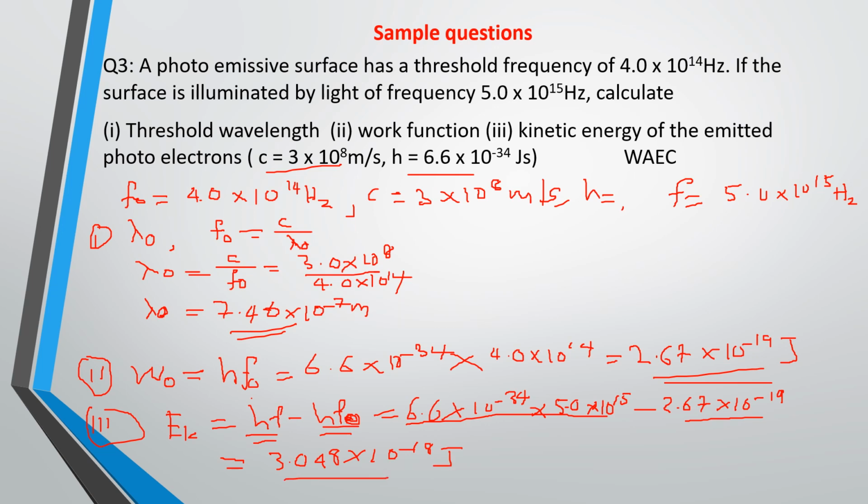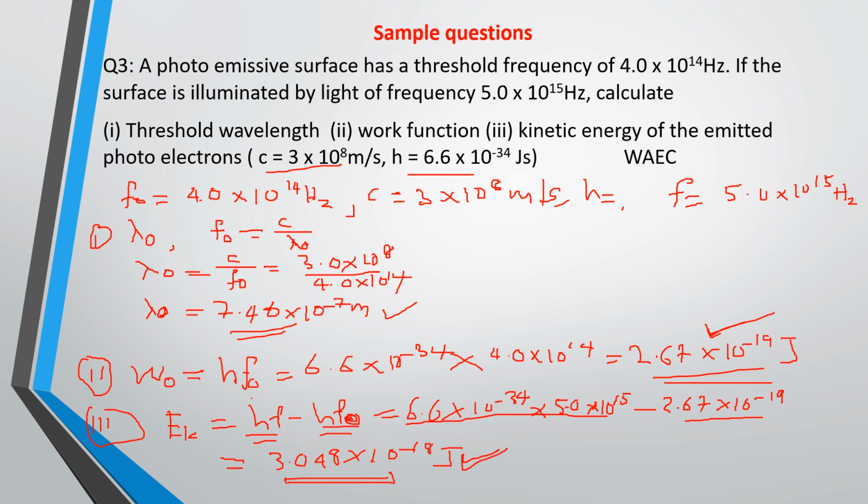This will be the kinetic energy of the ejected electrons. So you have this as your work function, this as your threshold wavelength, and this is your kinetic energy.